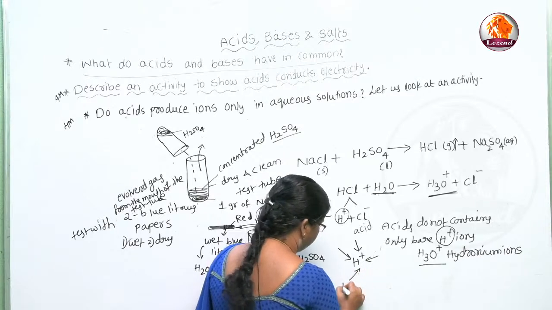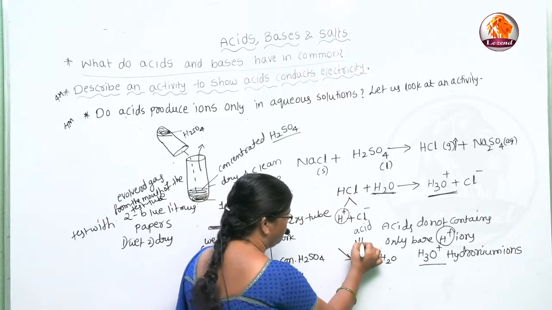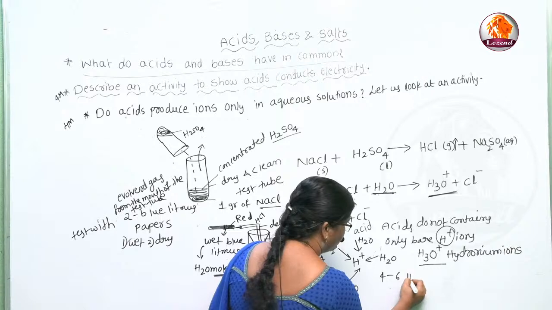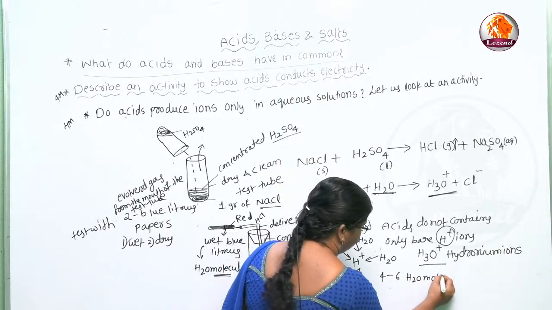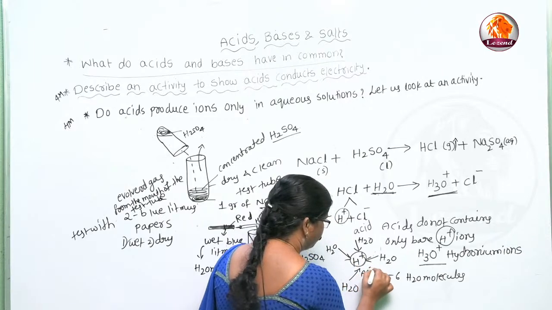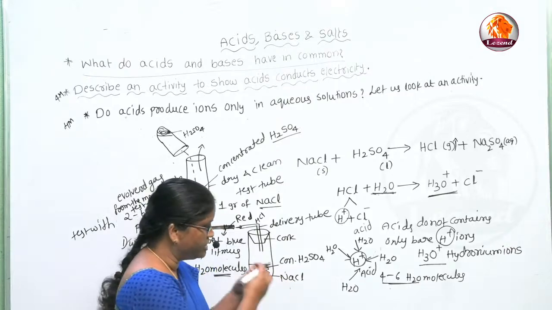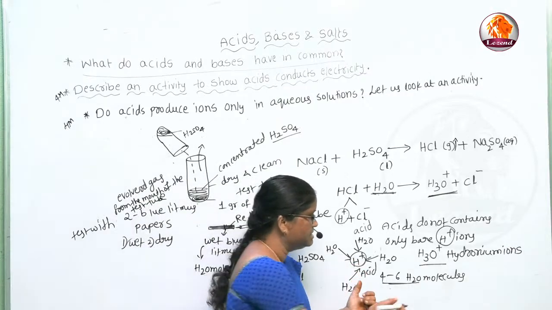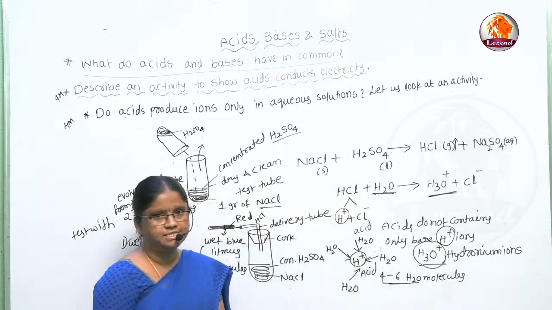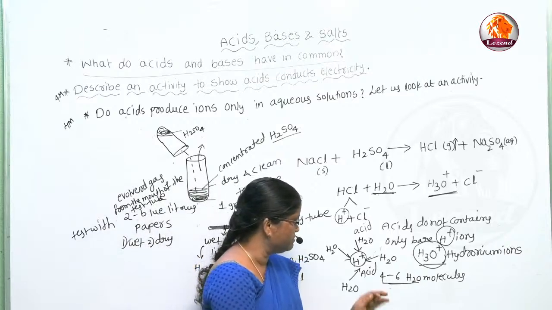One single H plus ion in acid will be attached with how many water molecules? 4 to 6 water molecules combined with one H plus ion. And in acids, hydronium ions become responsible for the acidic property of an acidic substance.